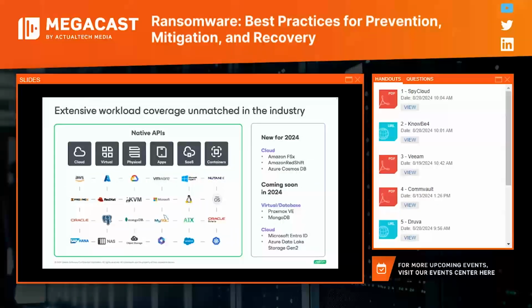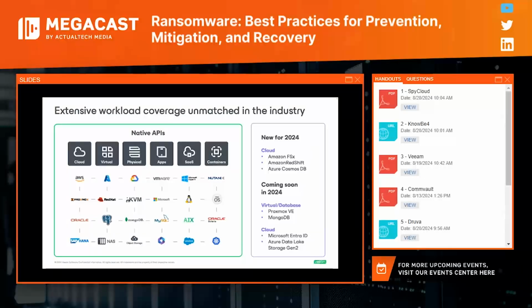First off, it's important that all your workloads are protected, whether they're cloud, virtual, physical, applications, software as a service, data, and containers, where you might be deploying some of your new and latest workloads that also need to be secure. So we have very, very wide coverage, and that's critical because then you've got the same method, the same tool to protect as many things as possible, and therefore the same kind of recovery processes that are well understood and known in your organization.